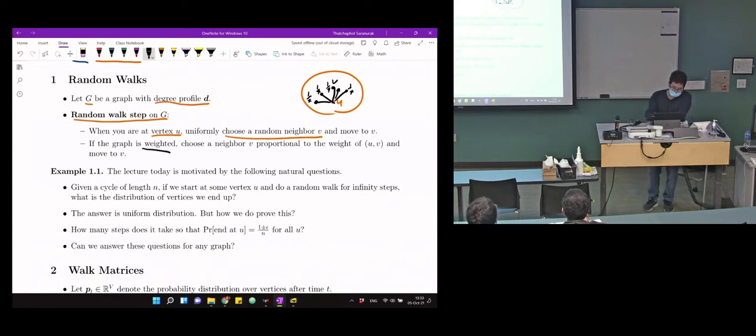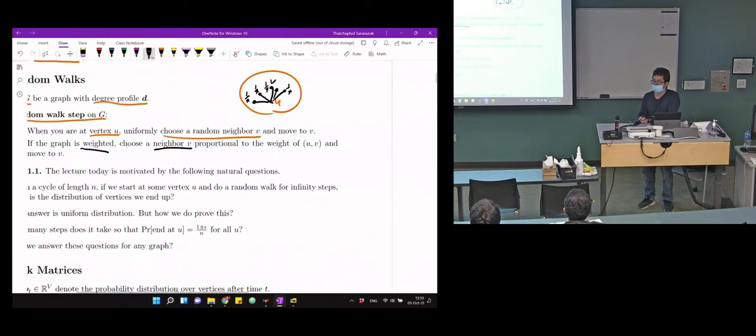Now if the graph is weighted, we can define it analogously. If you are at U, you choose your neighbor V with probability proportional to the weight of the edge.